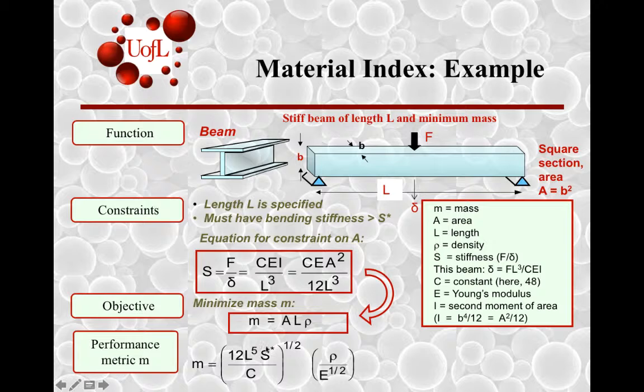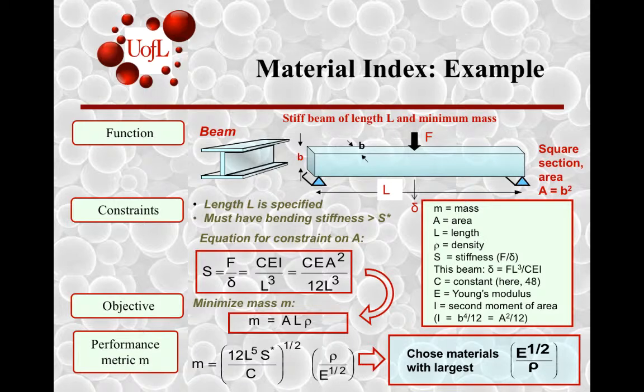It's a combination of the stiffness criterion, the geometry, and this material index of rho divided by E to the power 0.5. Conversely, you can take a reciprocal of that because E was plotted against rho. You can derive that from those plots.